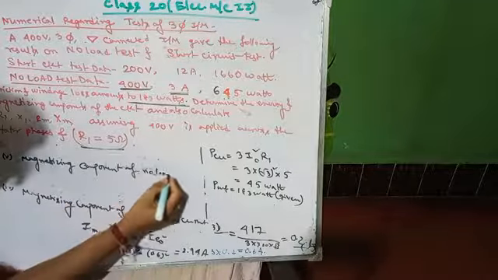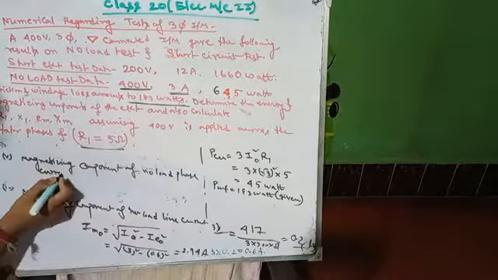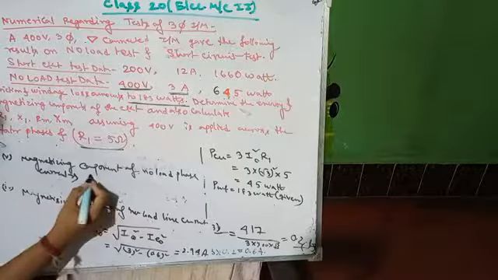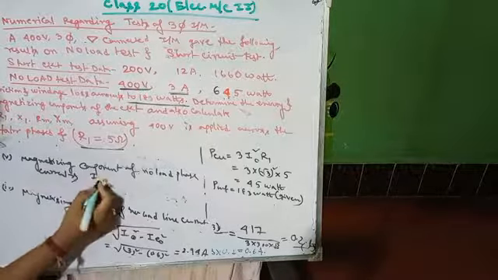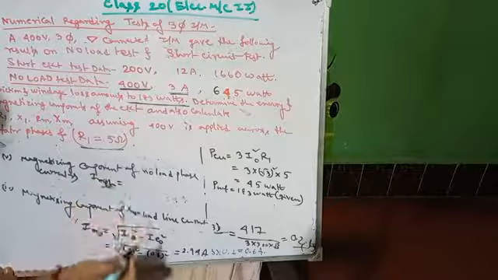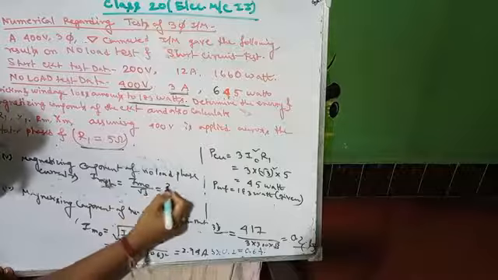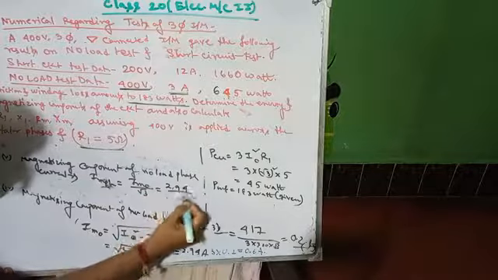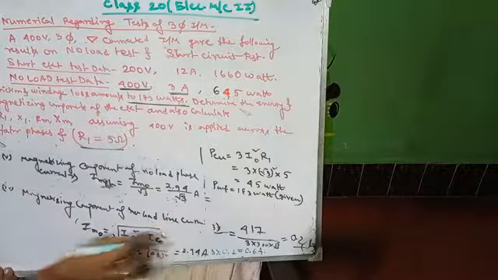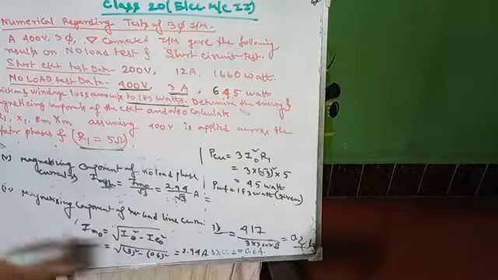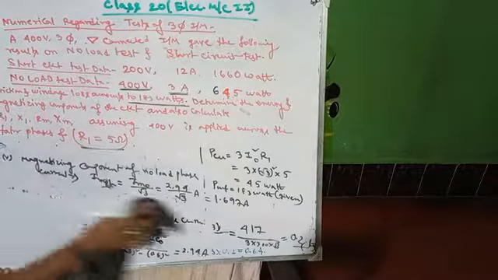I_MPH will be equal to I_M0 by root 3, that is 2.94 by root 3 ampere. Okay, so what will be the answer? 2.94 by root 3, which will be equal to 1.697 ampere. Okay, so this is the fifth part.